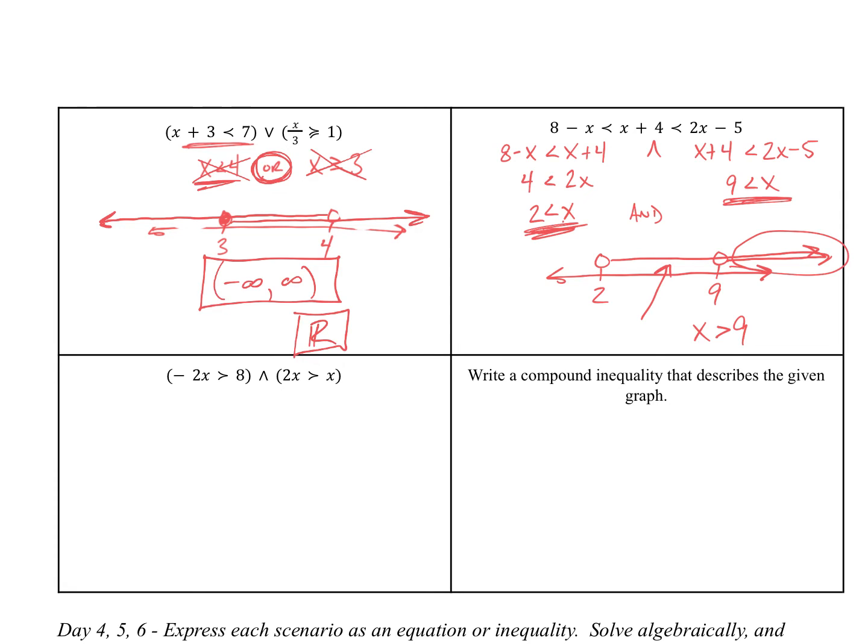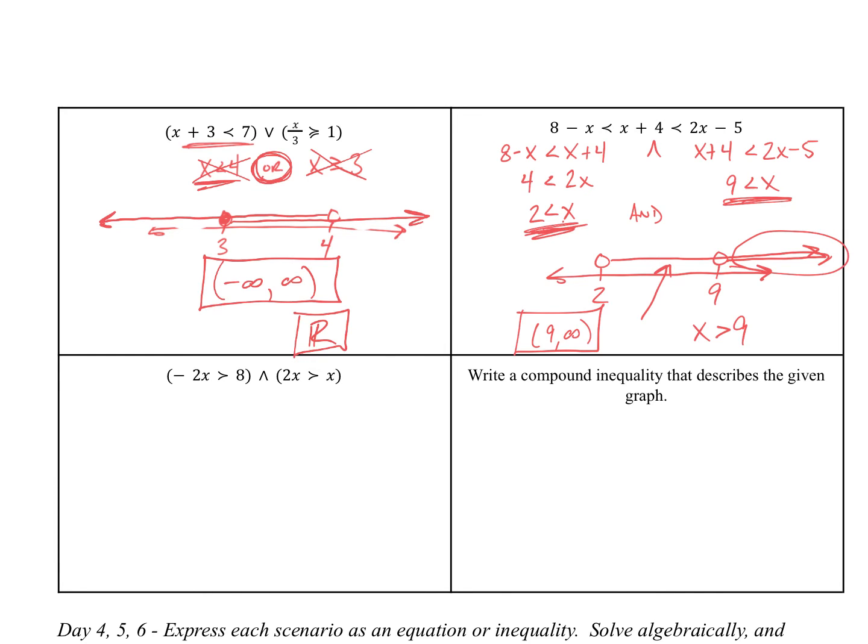And that x is greater than 2 really doesn't have any bearing on our solution because all the numbers greater than 9 are where you find the values that are greater than 9 and also greater than 2. Another way that I could write this would be to say all the values from 9 to infinity, if I wanted to use interval notation here.